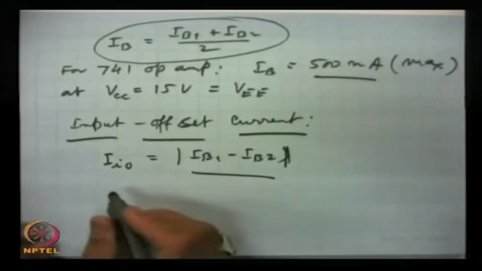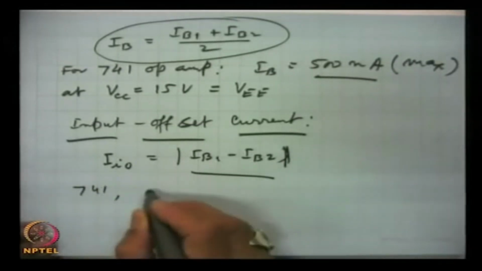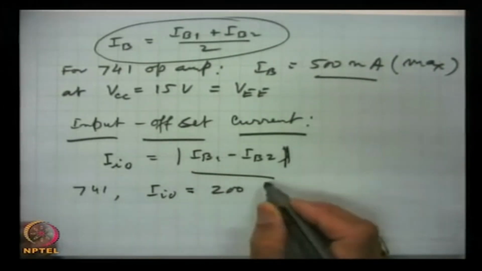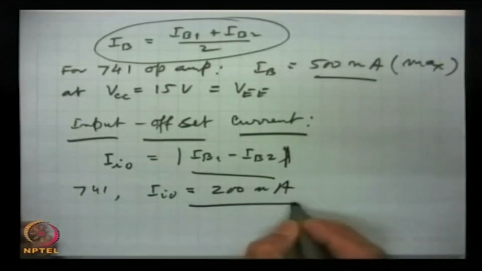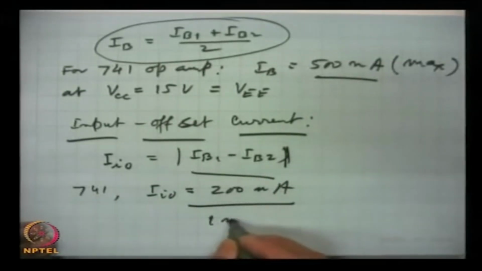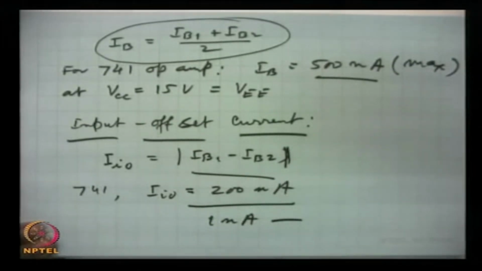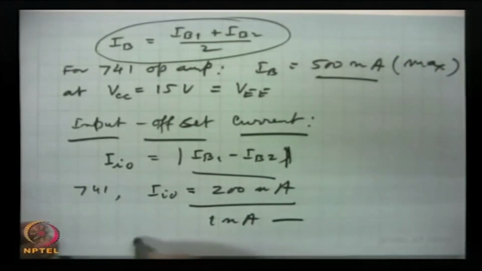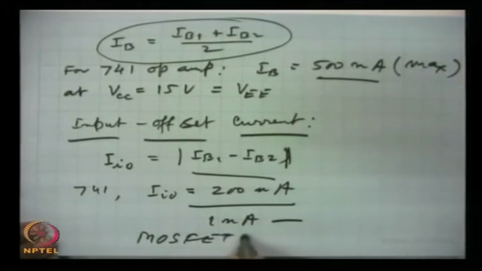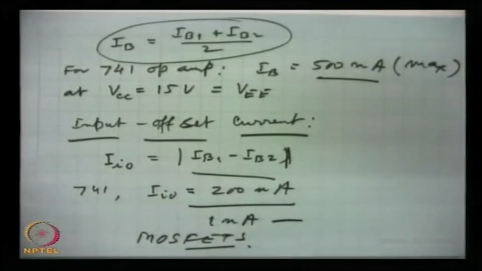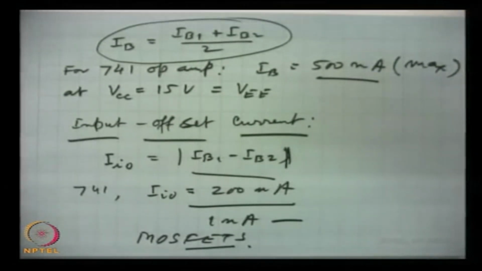For 741 this input offset current is 200 nanoamperes, and it is as small as 1 nanoampere in differential amplifiers which are realized using MOSFETs. So, often this is much smaller than the other currents and is neglected, but the smaller the input offset current, the better it is.